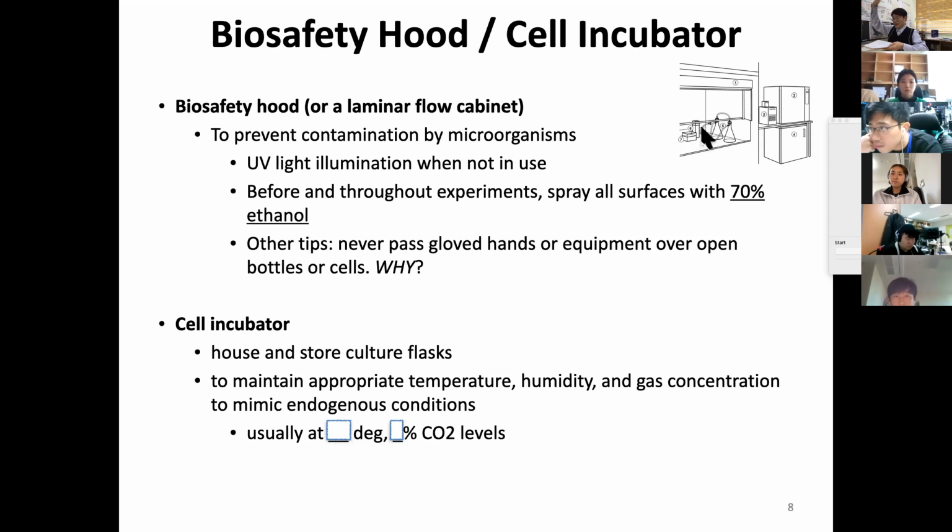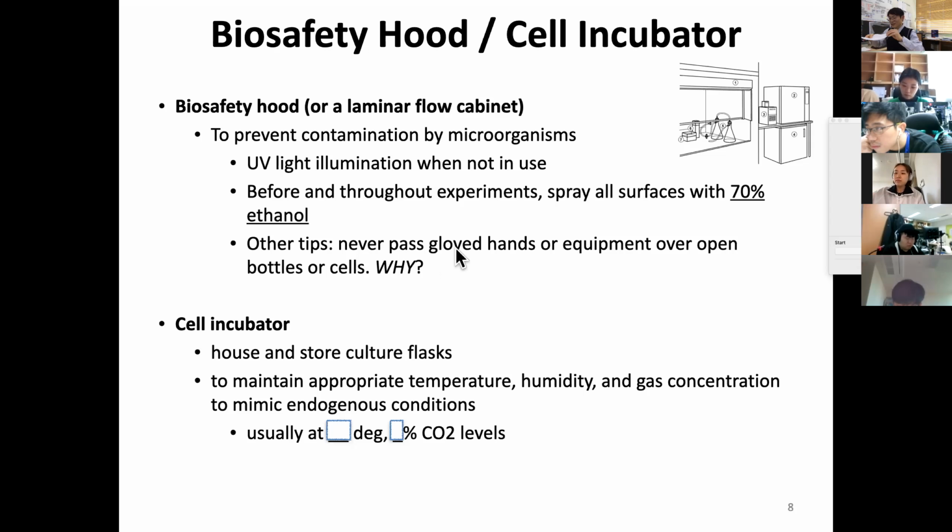In a laminar hood, the flow direction is from top to bottom. So the dust, microorganisms, and bacteria on my clothes or hands can shed into your culture dish and contaminate it. So you have to keep thinking about what can happen. That's why you are never supposed to pass a gloved hand on top.